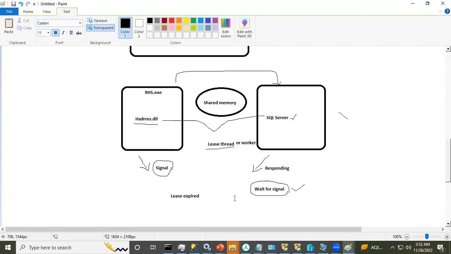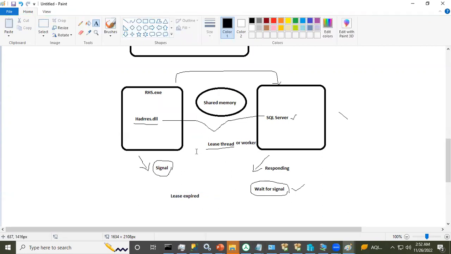So when the lease expired, if any of these two parties are not responding to each other, we consider it a lease expiry, right? First thing, what is a lease? A lease is an agreement between the HADR resource.dll and the SQL Server.